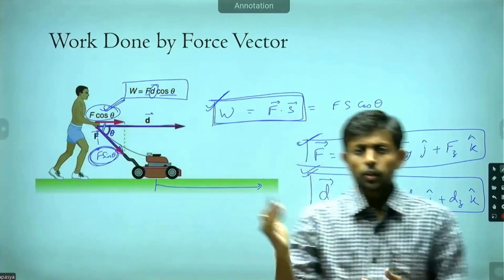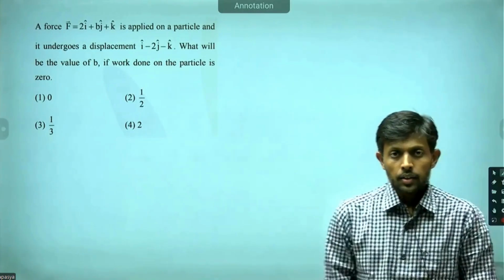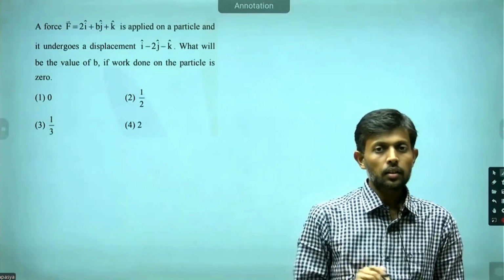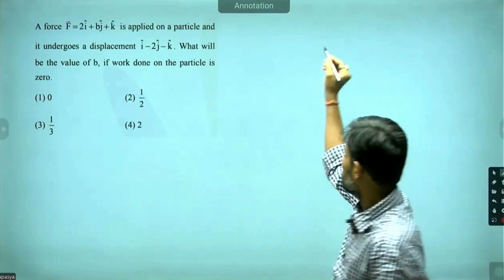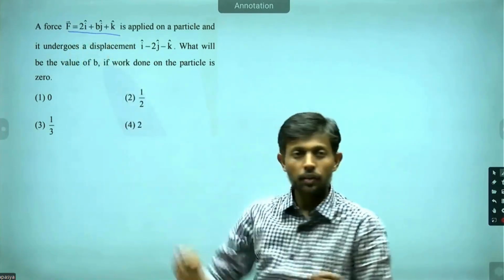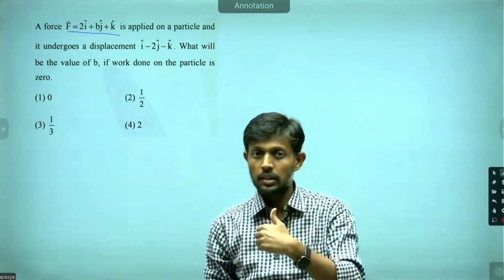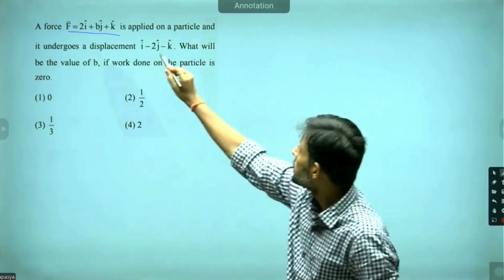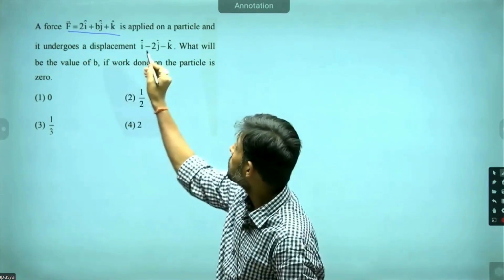Let's apply this quickly to a problem. Here's a question, a very simple one. This came just this year, in 2025, in the JEE Mains paper. The force, again given in the format that we just discussed, in terms of orthogonal unit vectors, is applied on a particle and it undergoes a displacement.